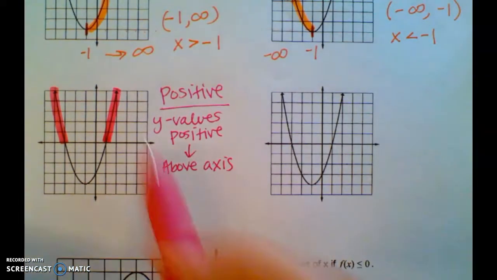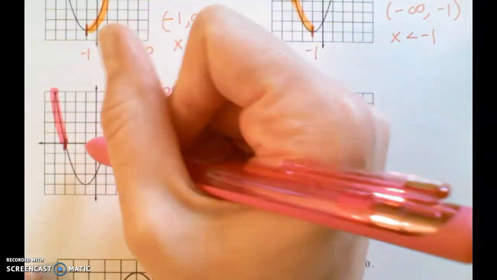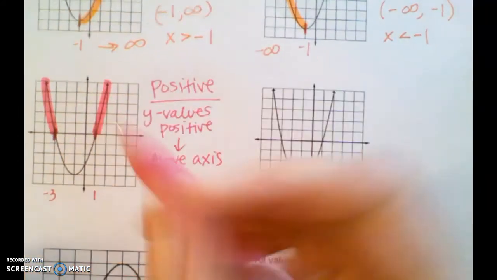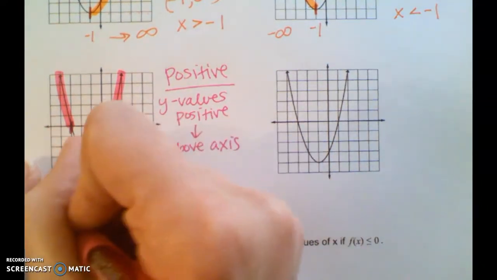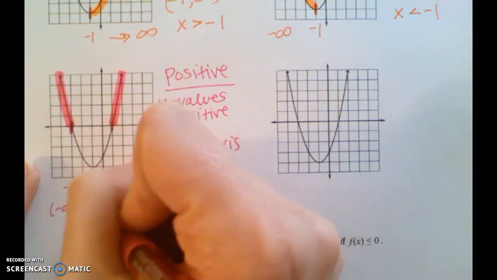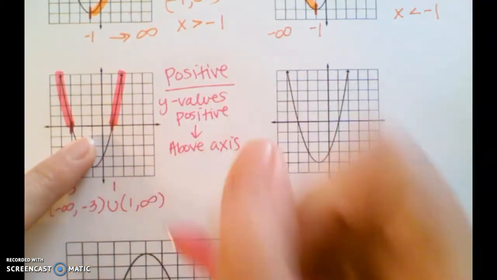Well, this time we actually have two intervals. This one over here goes to -1, 2, 3, and this one is at 1. So for our interval notation, we would say that this goes from negative infinity to -3 or 1 to infinity.